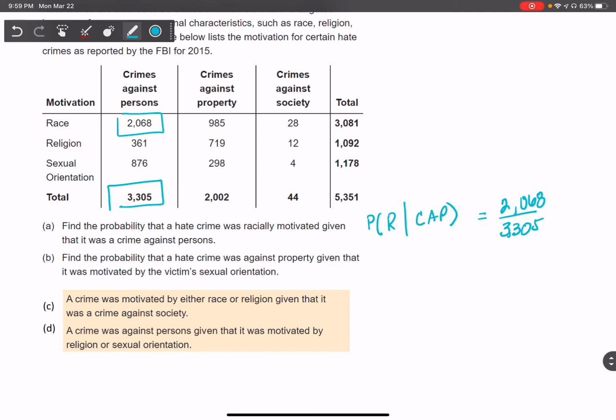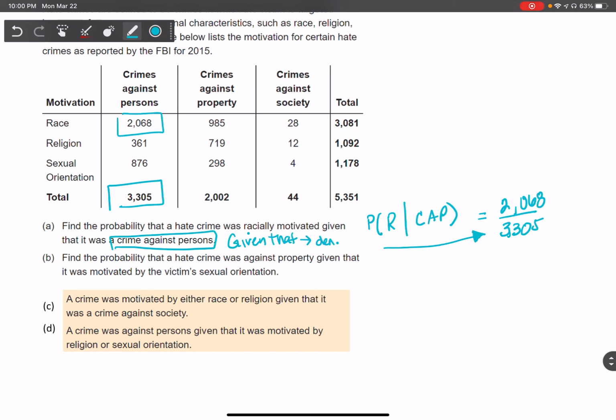So our given that, this is our given that statement. So the given that statement goes into the denominator. And that's what we did here. And then we have P of A and B in our numerator, which we are looking at.